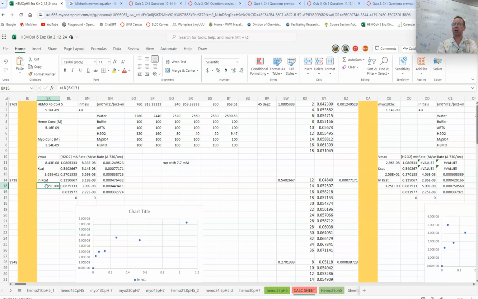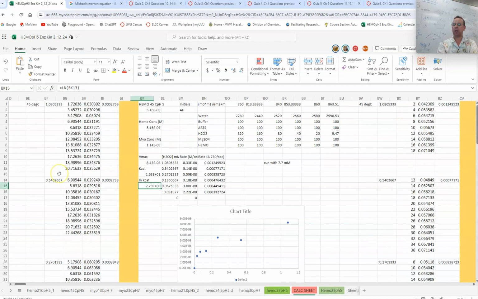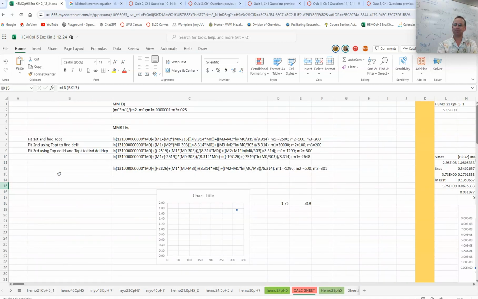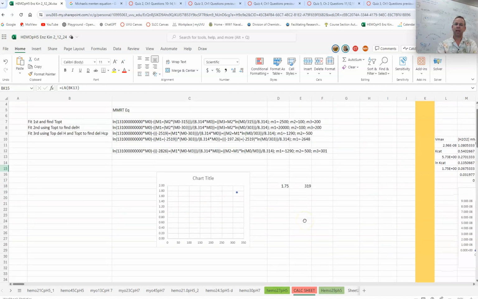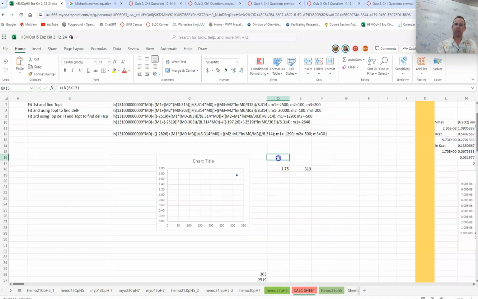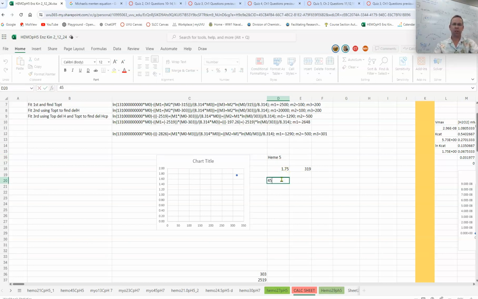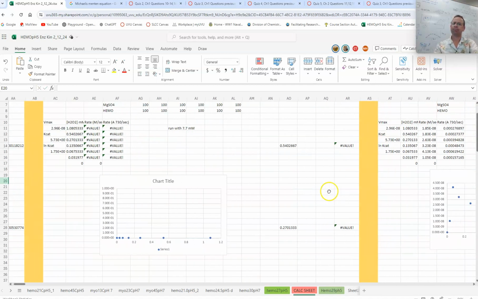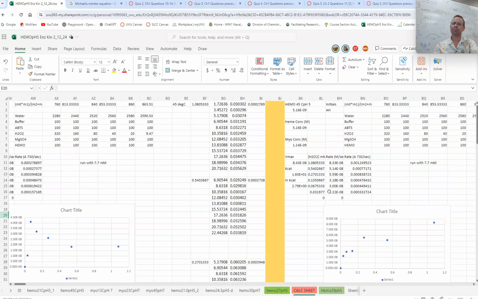That's our final number, 2.79. This is at 45 degrees Celsius, hemoglobin 5. So I can go over here and say if this is our Hem 5, 45 degrees Celsius. What was it? No, it doesn't matter for this program.